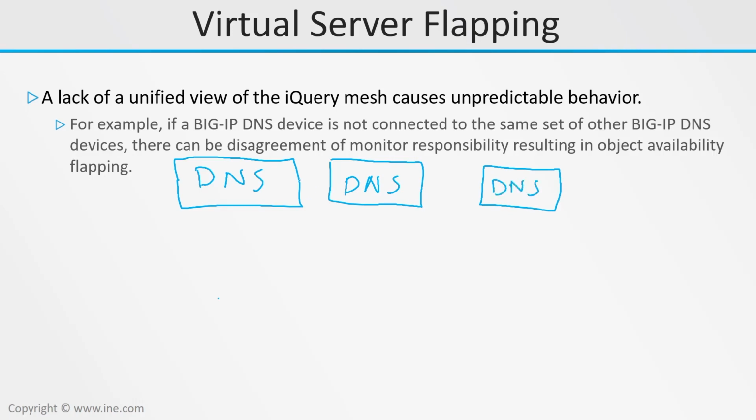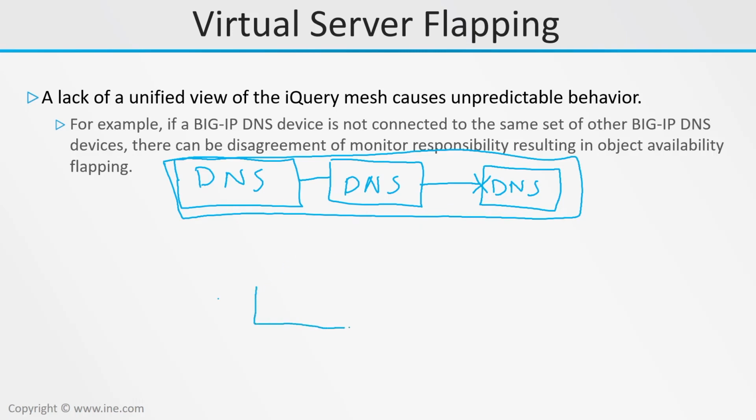Now, these were all part of a sync group at one point, but let's say on this third DNS box the device certificate failed, which caused it not to participate in that sync group anymore, but it still is trying to probe, let's say, this LTM device behind it, which validates our VIPs on that LTM, and our generic hosts as well.